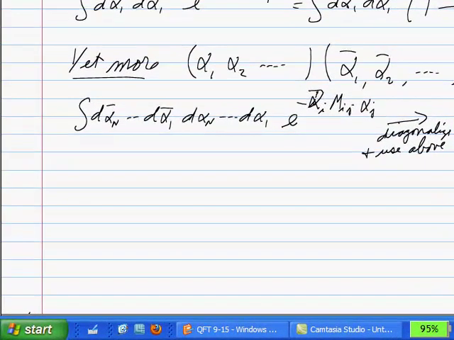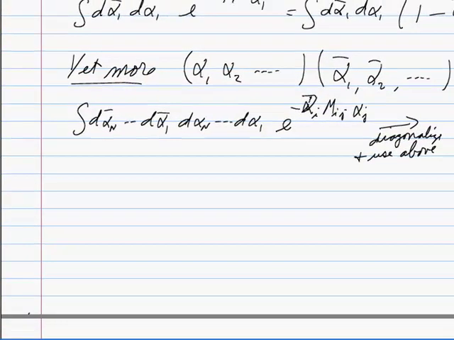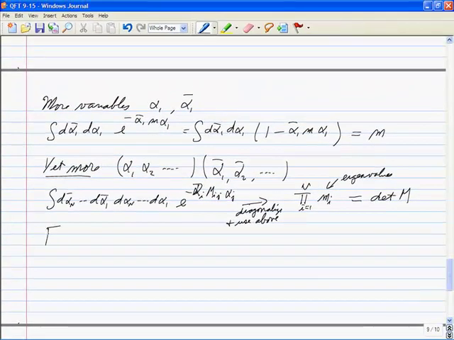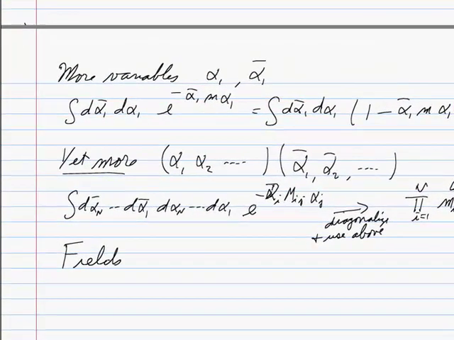Okay, so if we then generalize the fields, so α i turns into some ψ(x), α bar i turns into ψ bar(x).